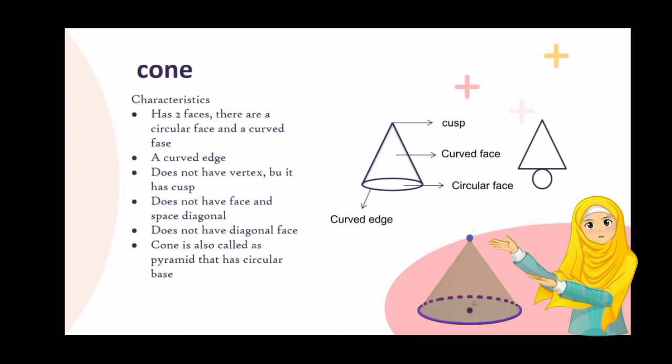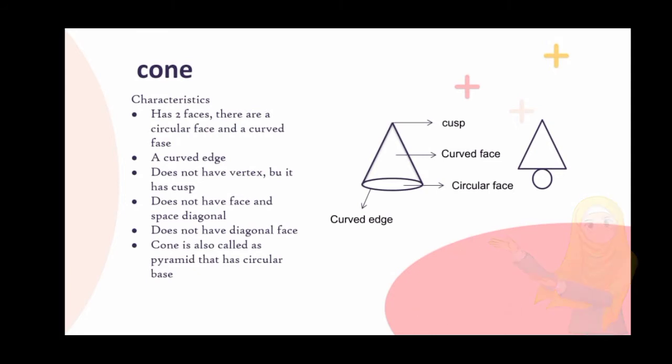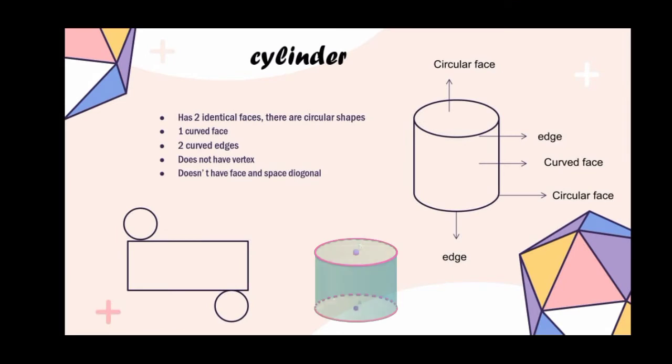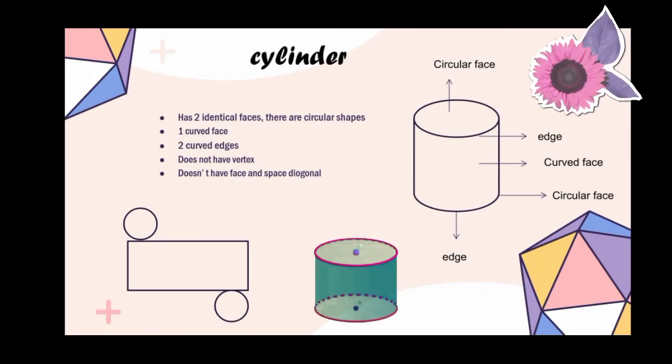Does not have face and space diagonal. 5. Does not have diagonal face. And 6. A cone is also called a pyramid that has a circular base.